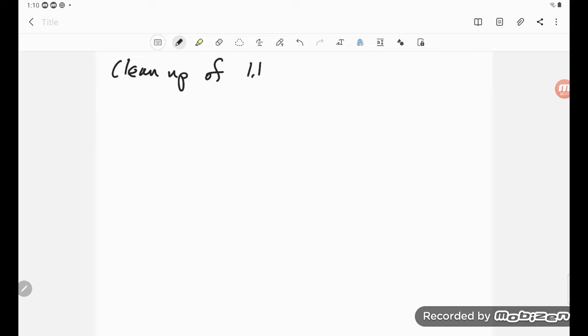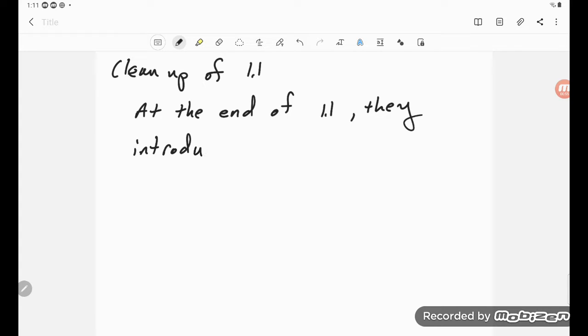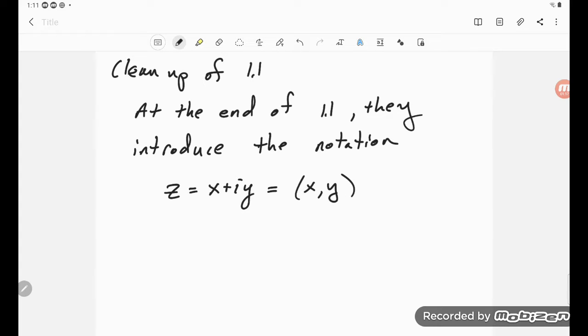What's left in here is, at the end of 1.1, the authors introduce the notation z equals x plus iy equals (x, y). Okay, so we can use either of these notations.